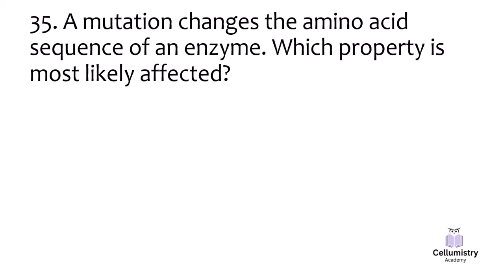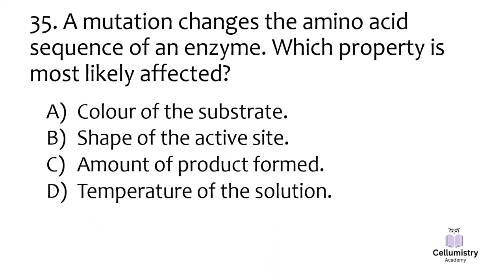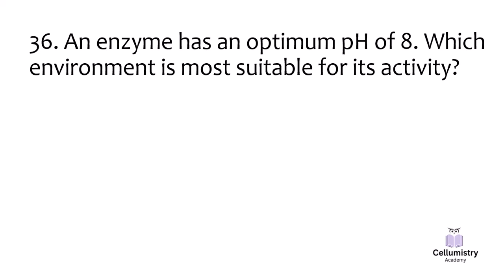A mutation changes the amino acid sequence of an enzyme. Which property is most likely affected? Answer is B. Shape of the active site. An enzyme has an optimum pH of 8. Which environment is most suitable for its activity?